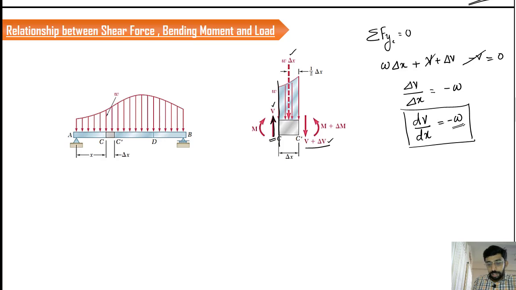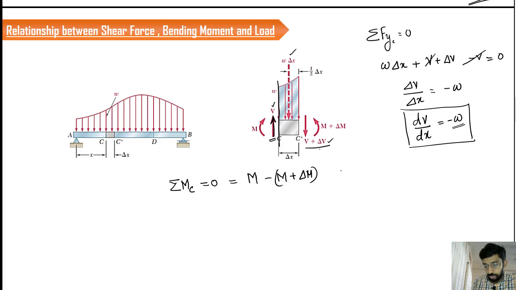If we consider the moment at the section C, similar kind of relations can be obtained. So let us take the moment about C and equate it to 0. So we have an M here, minus we have an M plus delta M here. Now we have to consider the moment of V plus delta V as well as the UDL.